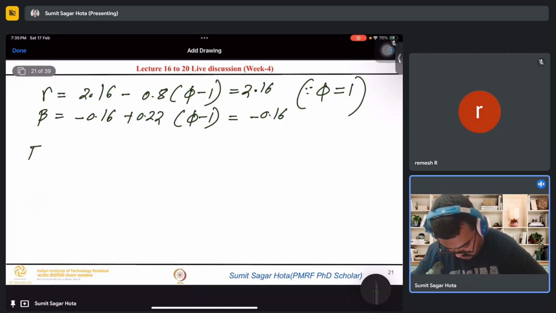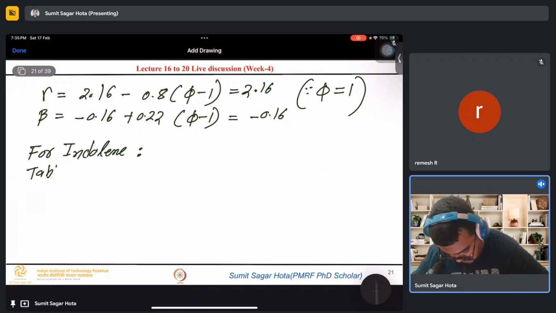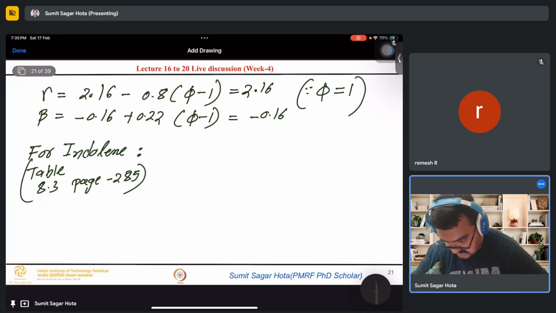For one table, you will be given the values. They have to give you the values. For indolene I will tell you where the table is: Table 8.3, page 285 of your book, SR10. If you see, you will find this table.